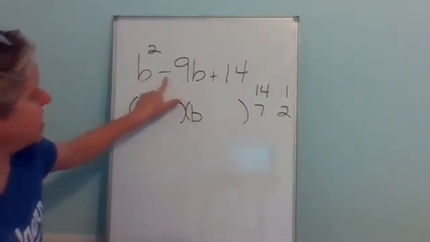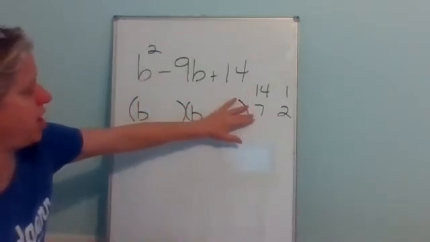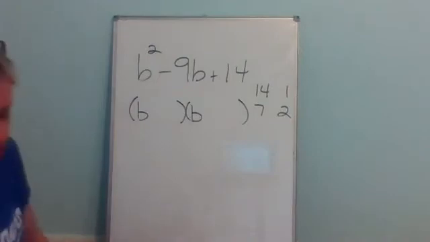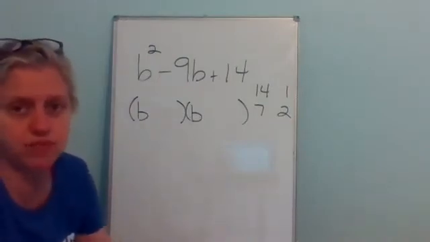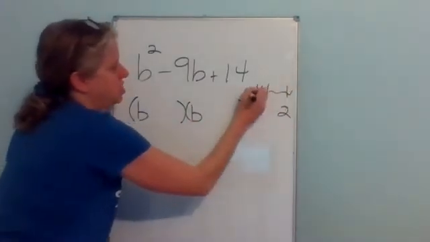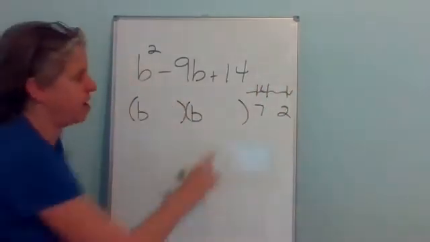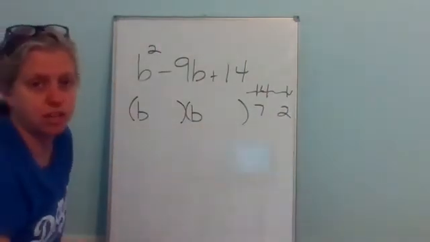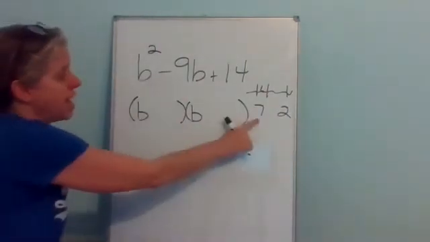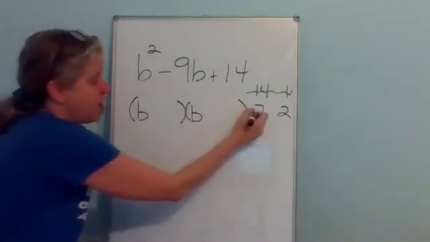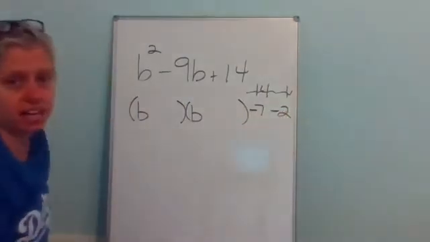I'm trying to get a -9 from one of these pairs. So again, a lot of times it's easy to pick out the pair that you're going to use, but then the hard part is figuring out your signs. I can tell I'm not going to be able to use a 14 and a 1 to get a -9, right? Those numbers just aren't going to work. I am going to use a 7 and 2. If I want to add those together and have them add to -9, they're actually both going to have to be negative, right?